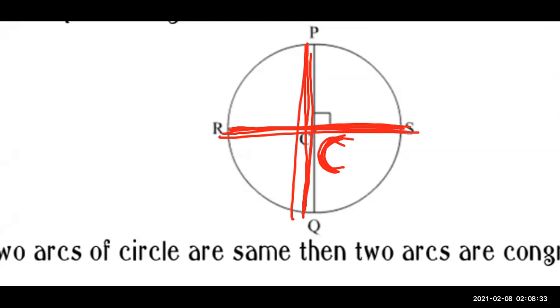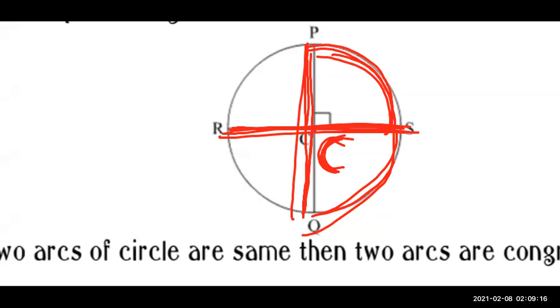State why arc PS and arc SQ are congruent. You have to prove that PS and SQ are congruent, and also write down the other arcs which are congruent to arc PS, along with the reason why PS and SQ are congruent.